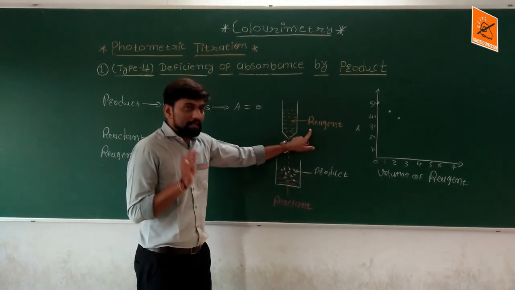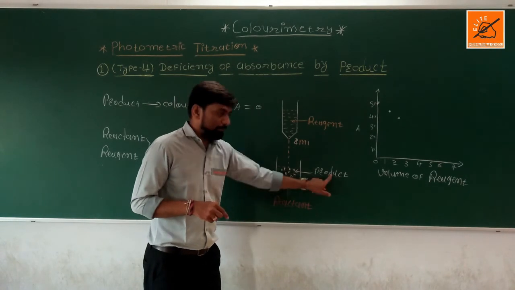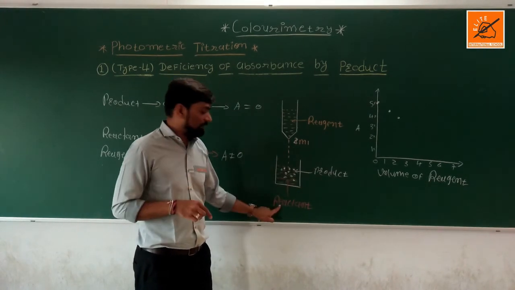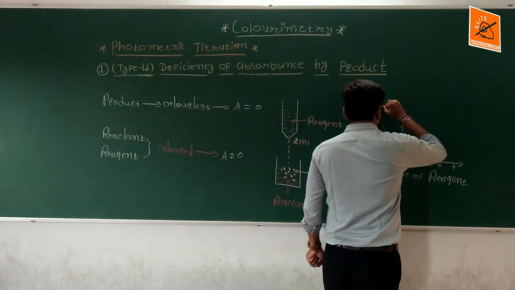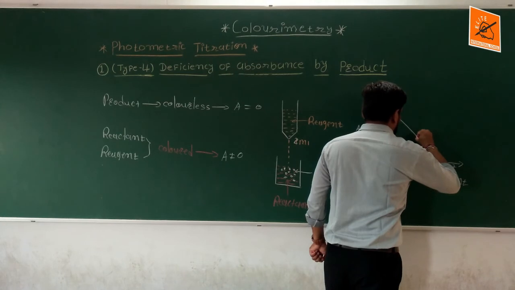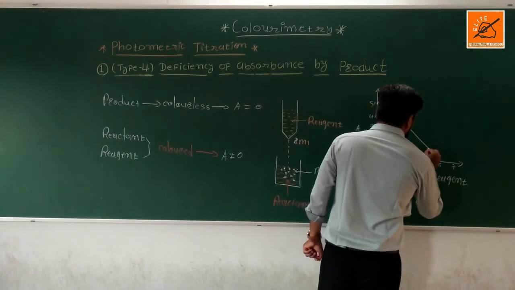With gradual addition of reagent, the reactant gradually converts into the product, meaning the concentration of reactant decreases. That's why absorbance value gradually decreases with addition of reagent into the flask up to the end point.